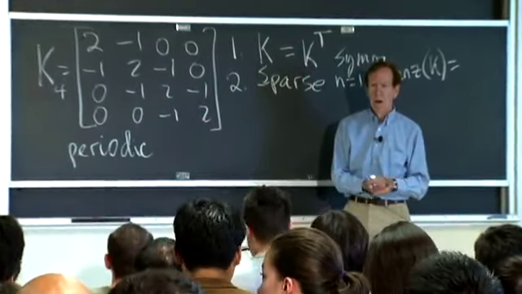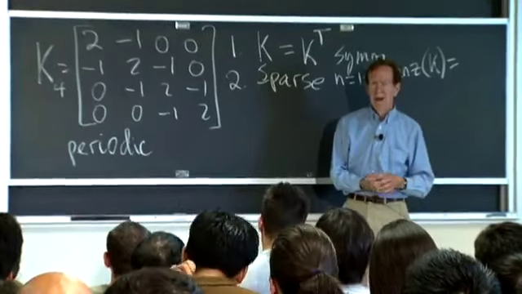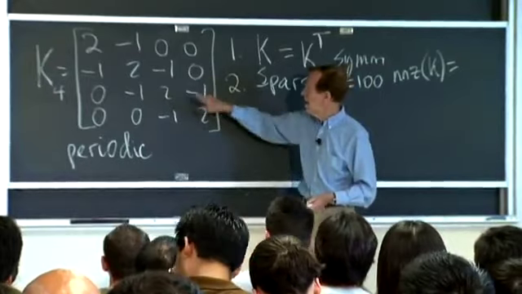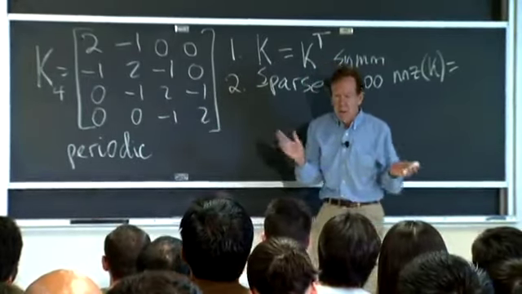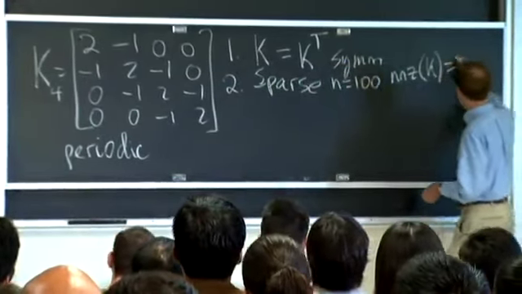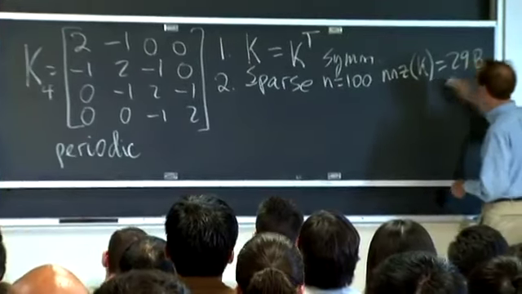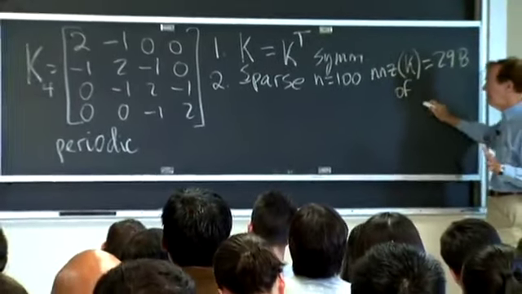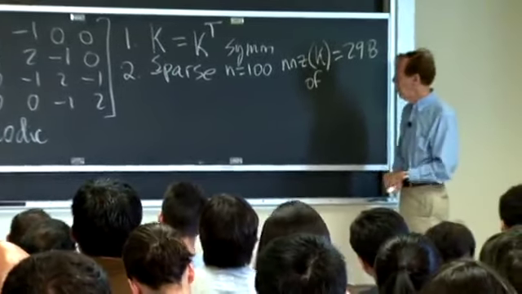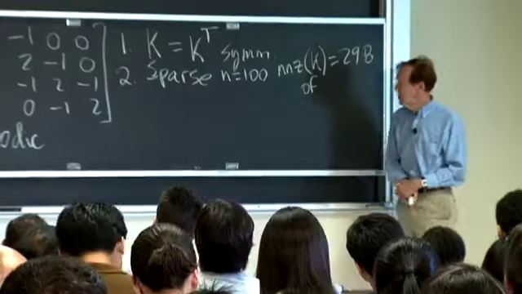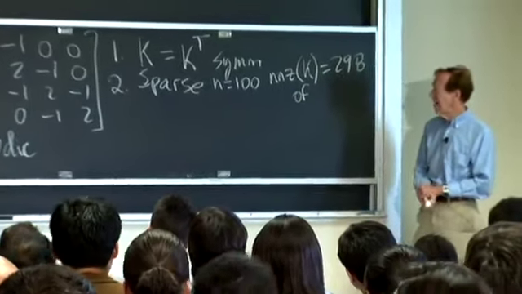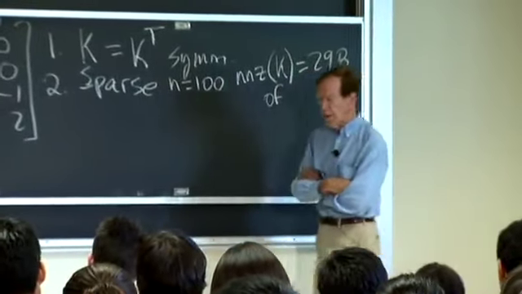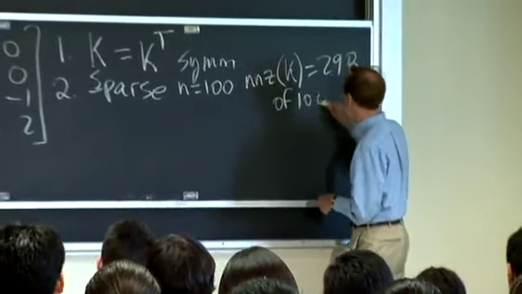So 298 would it be? 100 diagonal entries, 99 and 99, maybe 298. 298 out of 100 by 100 would be what? It's been a long summer. Yeah, there are a lot of zeros. Because the matrix has 100 by 100, 10,000 entries. So that's sparse.